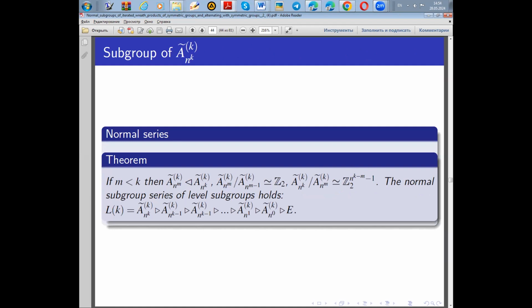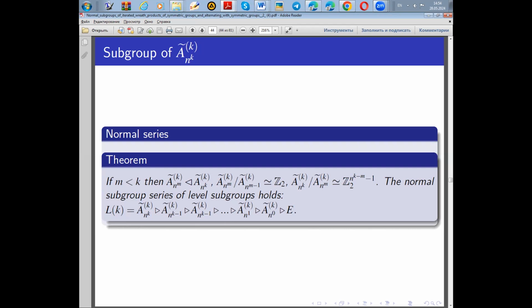And we have the following normal series of level subgroups. LK means level subgroup. It's the greatest subgroup which forms one of the subgroups from the saturation set, and other subgroups contained in this subgroup, which according to the definition of saturation set means that this subgroup is one of the class of the saturated set.